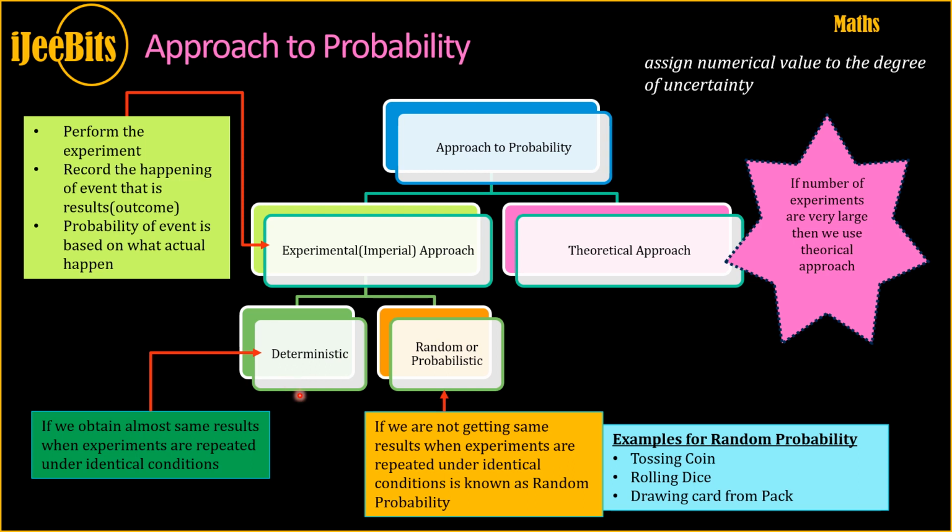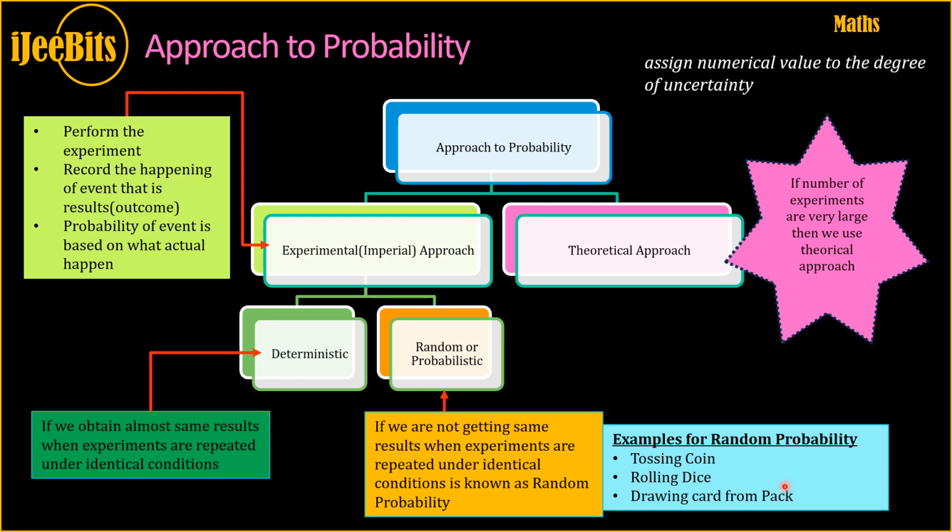In the other case, I am doing experiments repeatedly under identical conditions, however I am not getting the same results. In that scenario, the nature of the result is known as random probability. Tossing a coin, rolling dice, drawing a card from the pack are the best examples of random probability.